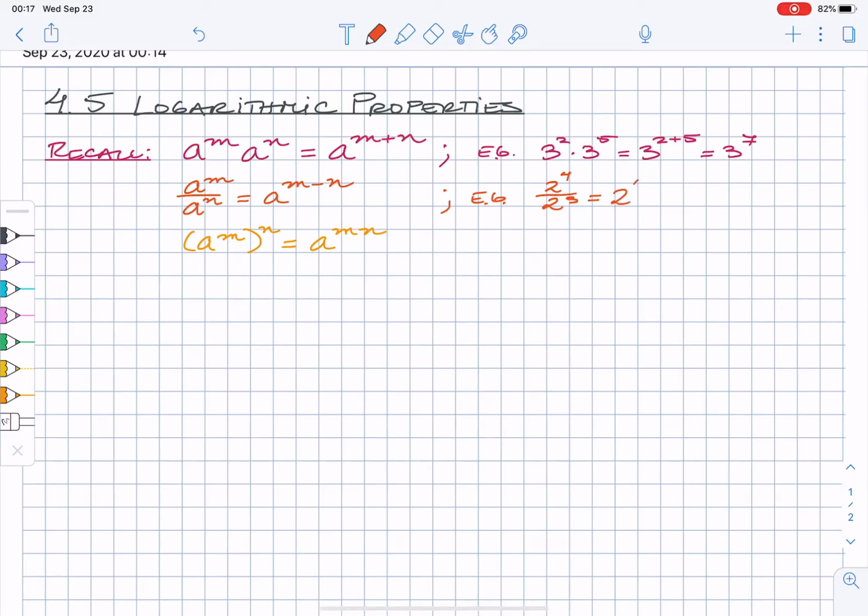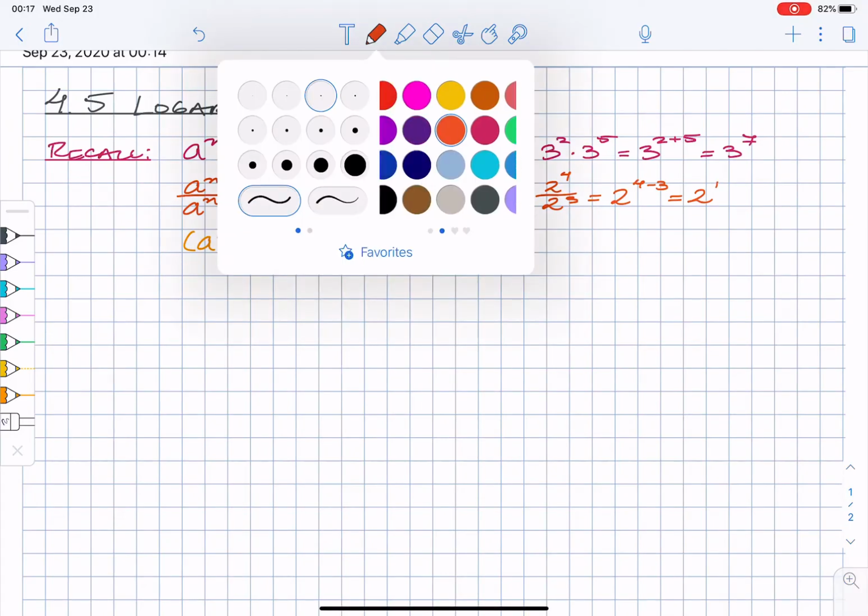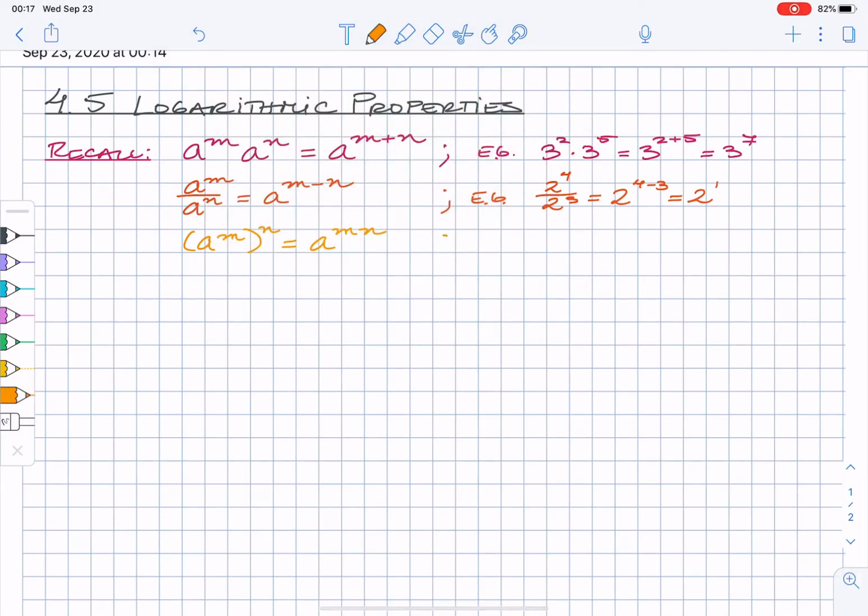It's going to be 2 to the 4 minus 3, which is 2 to the 1st. In the third case, let's say we have 5 squared cubed. That's going to be 5 to the 2 times 3, or 5 to the 6th.